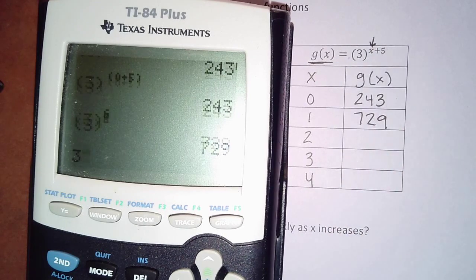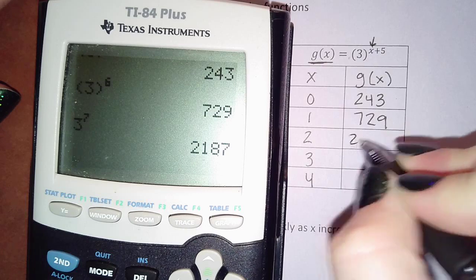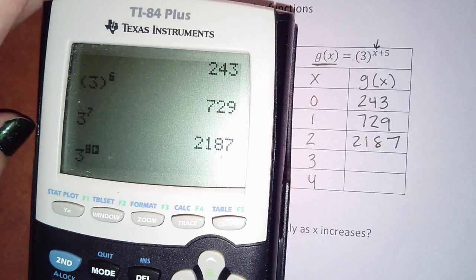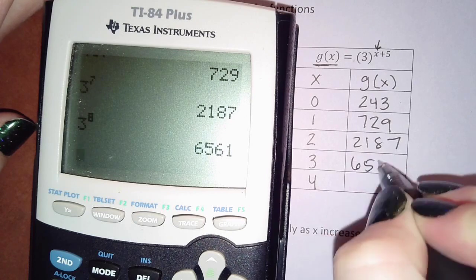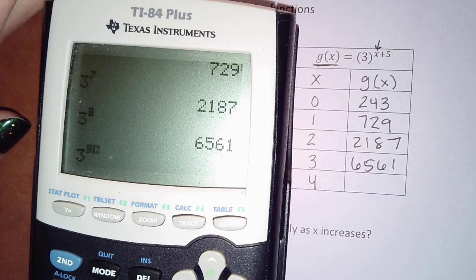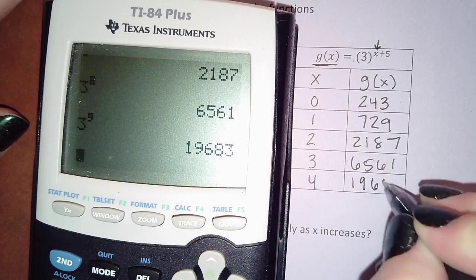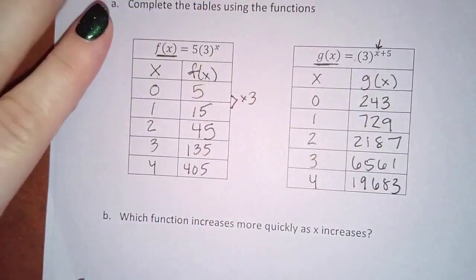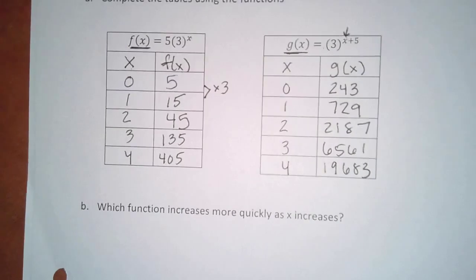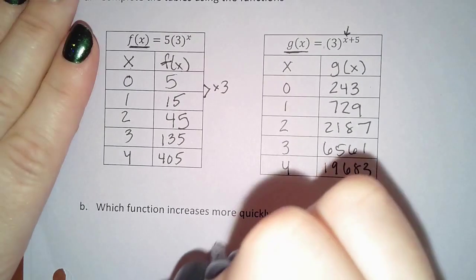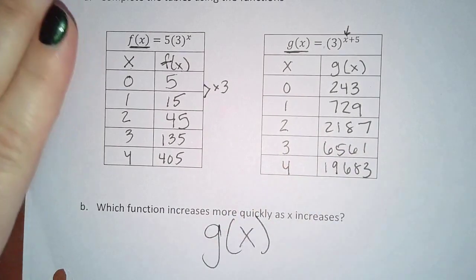So 3 to the power of 7. 2,187. 3 to the power of 8. 6,561. 3 to the power of 9. 19,683. It's safe to say we can figure out which one's increasing faster. Which one is it? G of x. Questions?